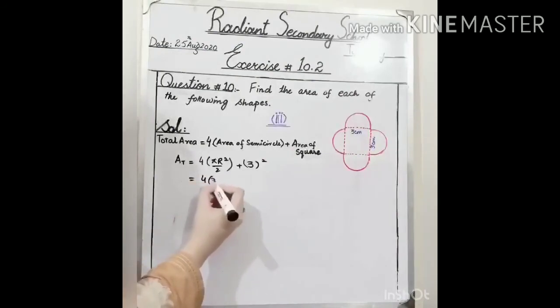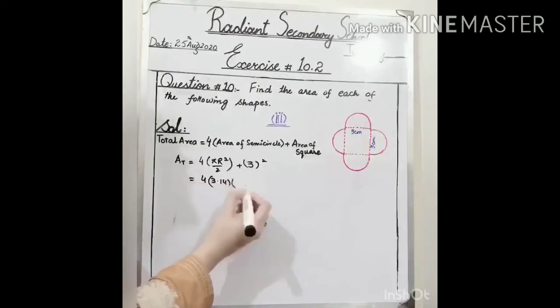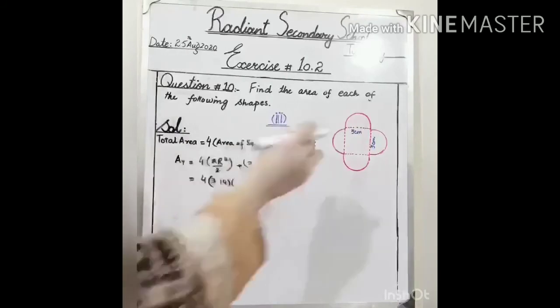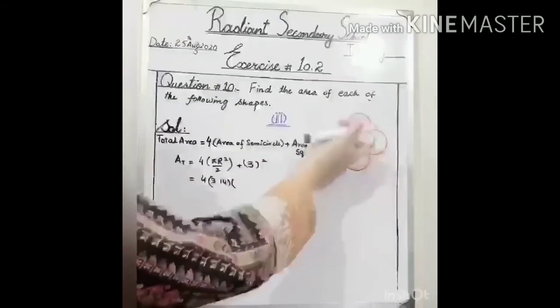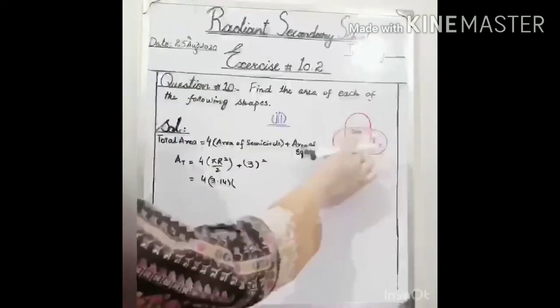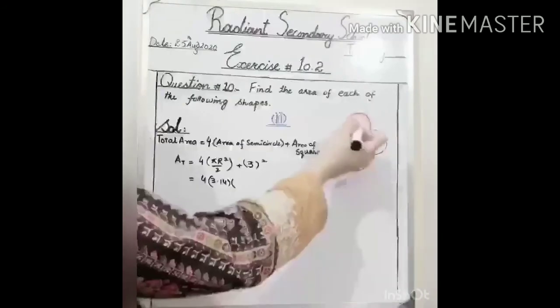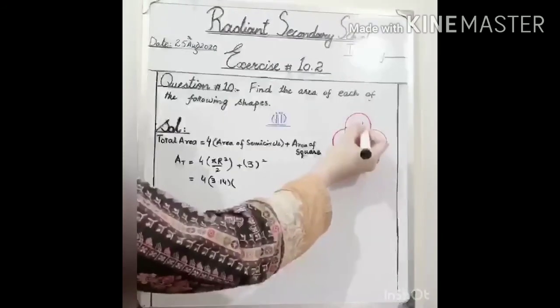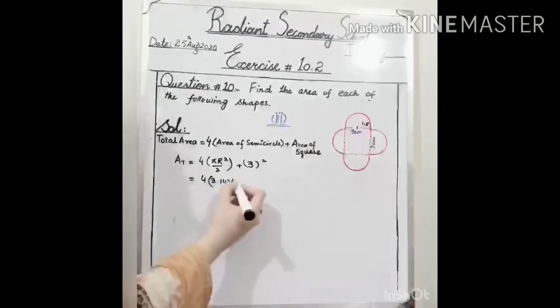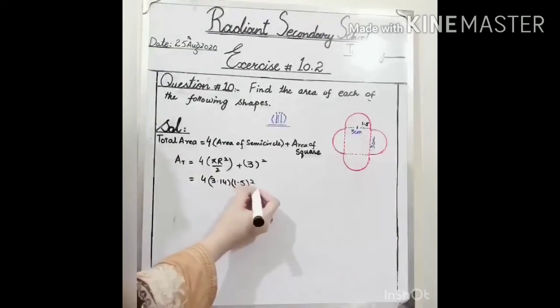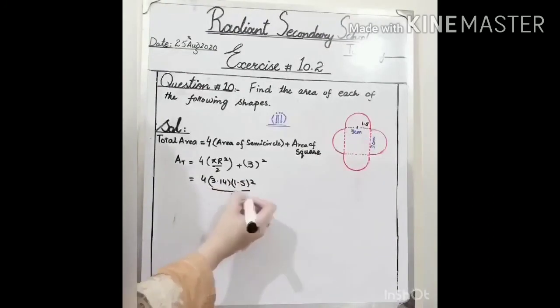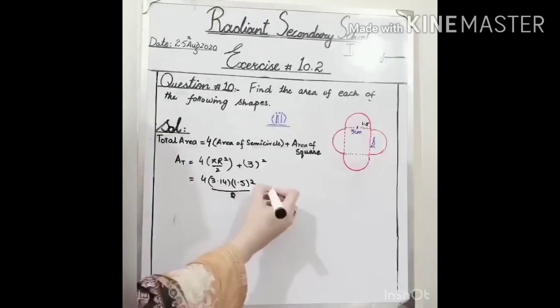The value of pi is 3.14. Here the total length of this side is 3 centimeter and the radius is the half. So half will be 1.5. So here the radius is 1.5 square divided upon 2 plus 3 square will be 9.